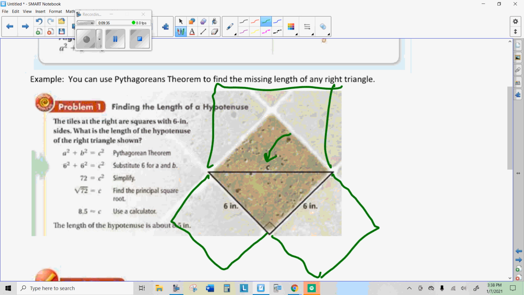So 6 times 6 is 36. The area of the square on each leg is 36. That means the area of the square on the hypotenuse is 72, which means the length of the side is the square root of 72, which is about 8.5.